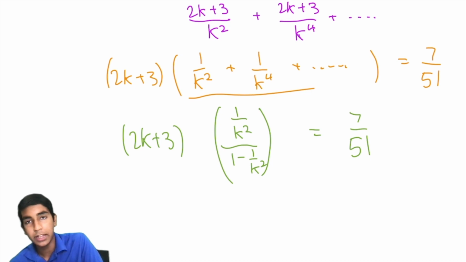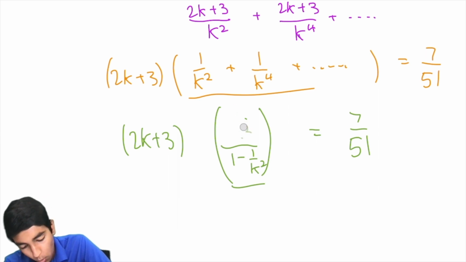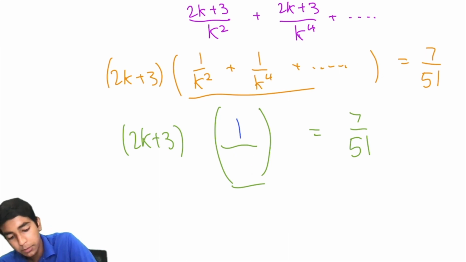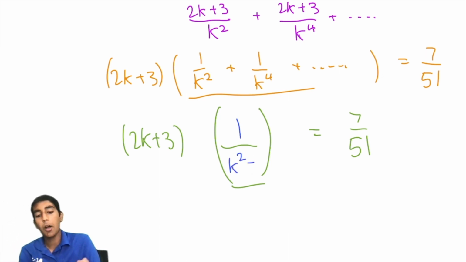Now let's simplify this right term here. It's a little ugly, I'll admit it. So let's multiply k squared to the numerator and denominator. The numerator becomes 1, and the denominator becomes k squared minus 1. We just multiply by k squared to the top and bottom to get a much nicer fraction.